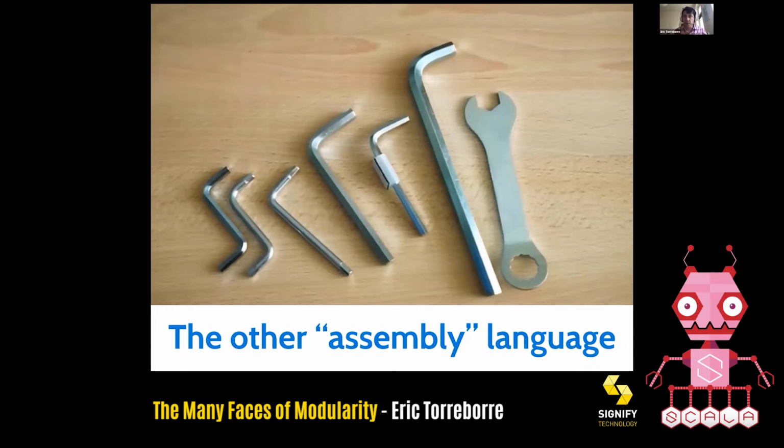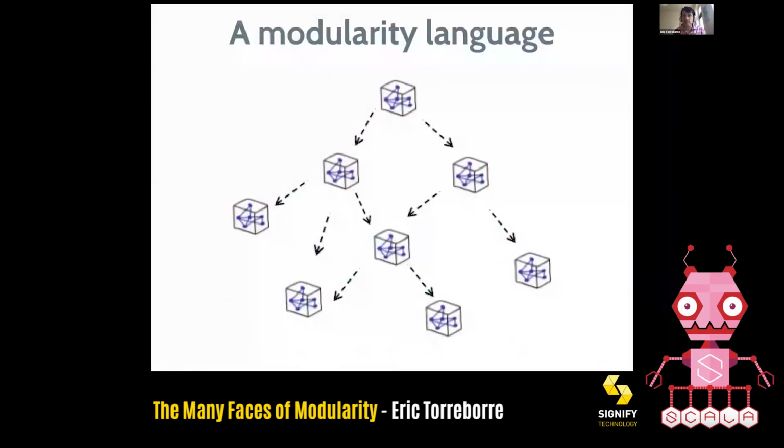But the way we describe how those components are being assembled, are being wired together, is very ad hoc, is very unprincipled. There's not really a language to describe this, and you can find all sorts of mechanisms to talk about assembling components together, and we should have a language to do this.